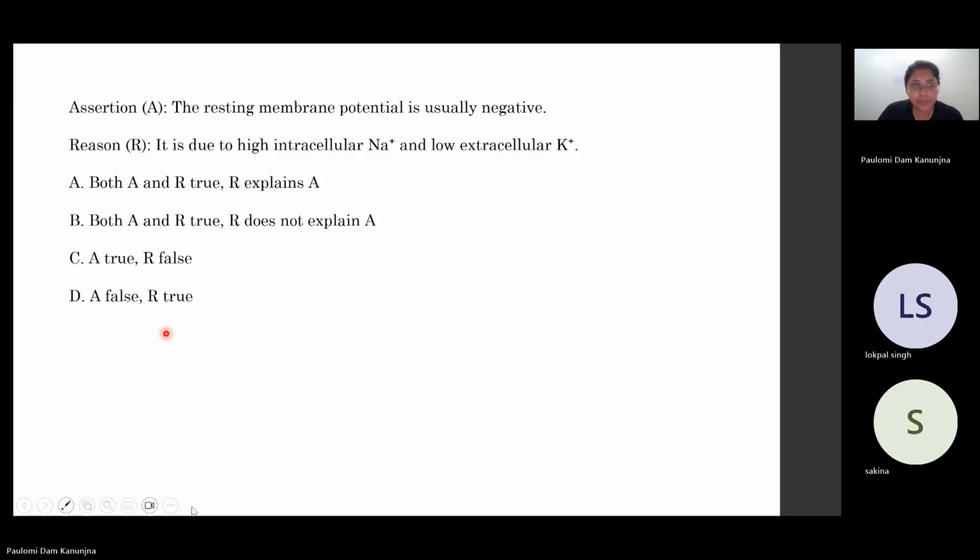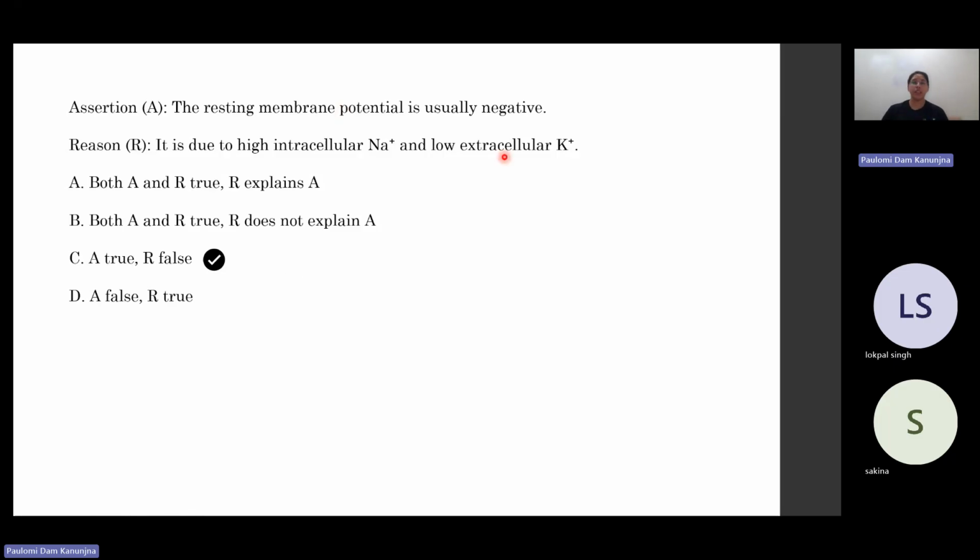Okay. Well, that's C, and as you got it right, it says the resting membrane potential is negative. Yes. It's high intracellular Na plus? No, right? Remember, you are actively pushing out Na plus. So intracellular is incorrect. You have high extracellular Na plus and high intracellular K plus, so this is basically reversed.